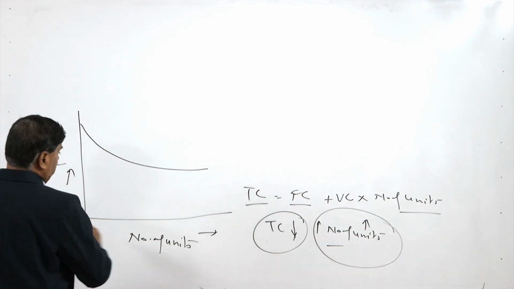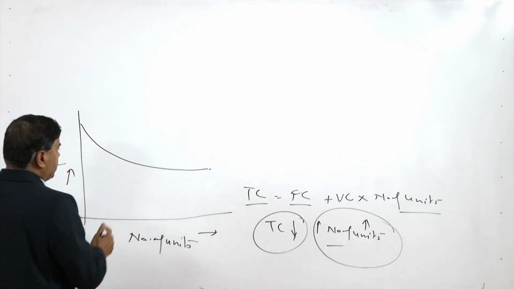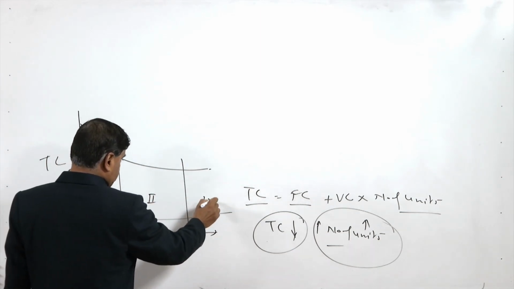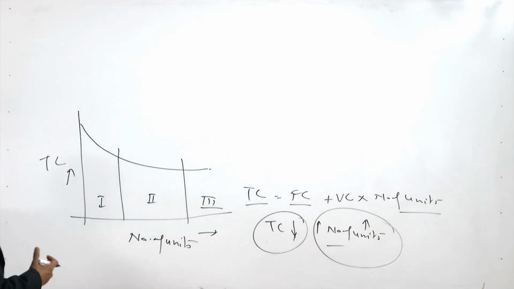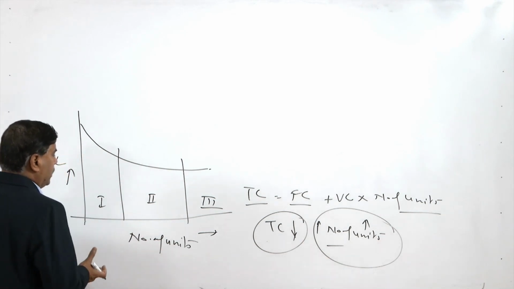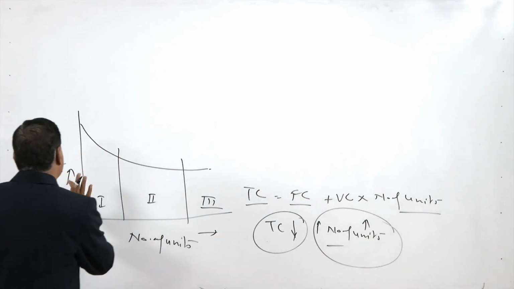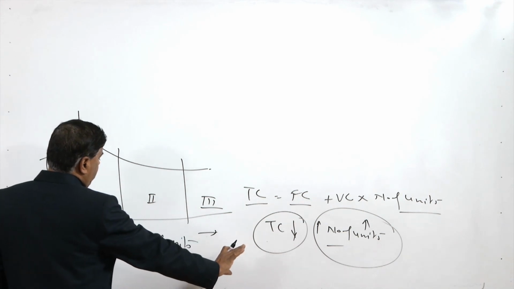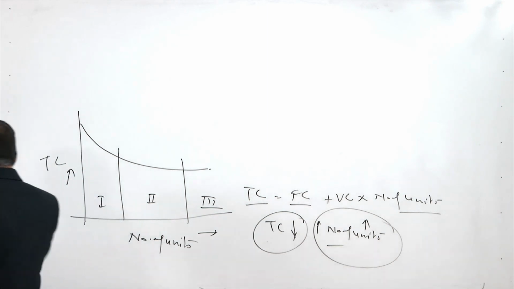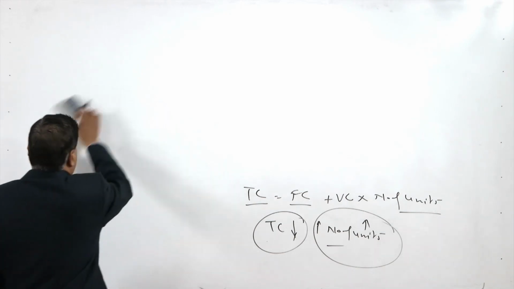This may be the range for option 1, option 2 and option 3. According to the suitability, option 1, option 2 or option 3 may be chosen. But in general, with the increase in the number of products, the total cost of the item decreases. So, as per the number of units to be made, we can select the suitable option.